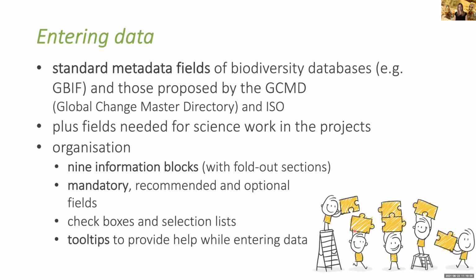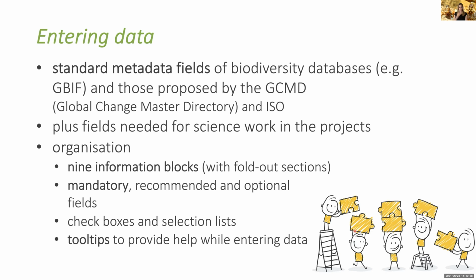So if you now want to enter data, we have tried to do it in a very easy way. We provide some standard metadata fields that are used in other biodiversity databases, but we also ask some more questions that might be relevant for science work. The whole stuff is organized in 9 information blocks, which I will show you in the next slide.